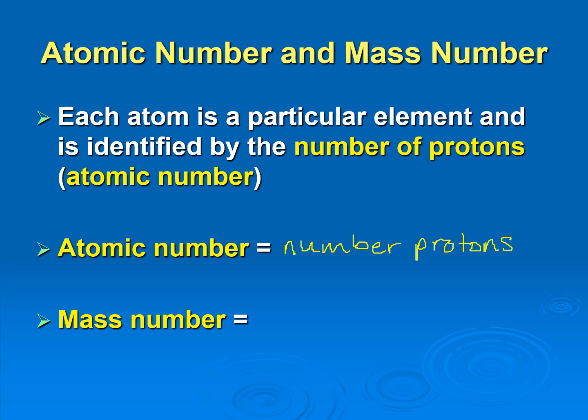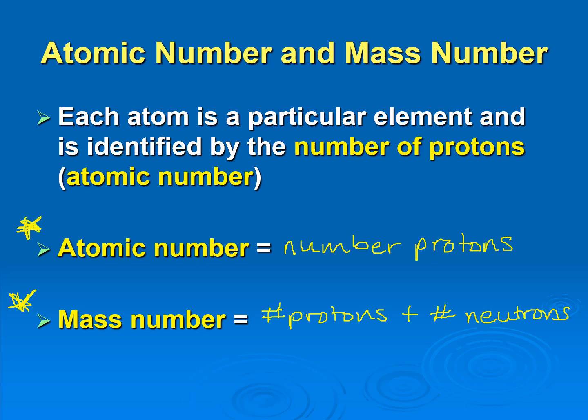And then the mass number, how much the atom weighs, is equal to the number of protons plus the number of neutrons. Definitely know those two things. They're pretty important to know.